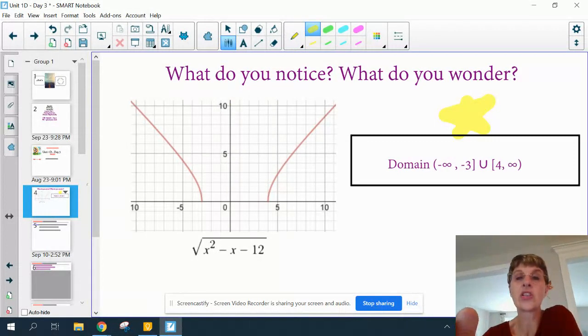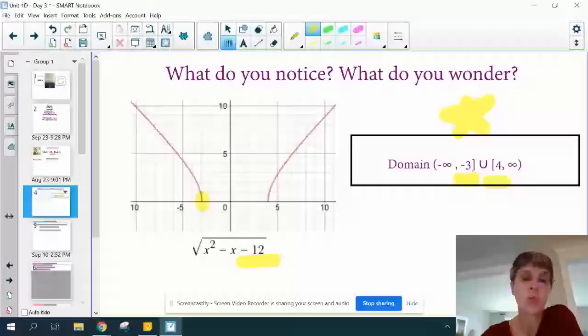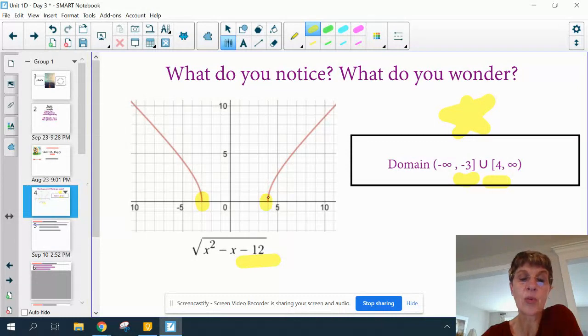I wanted you to notice some things, and some of you had very good observation skills: if you factor this problem, -4, -3 and 4 were your factors, and that magically was also where the starting and stopping points for the function were. So the graph you see is actually this function. That's not something we normally do, so that's why I wanted you to see this one.